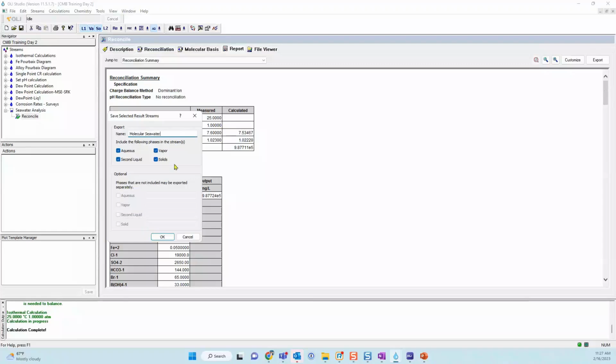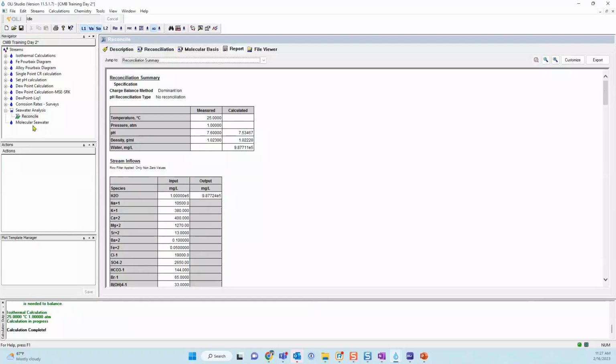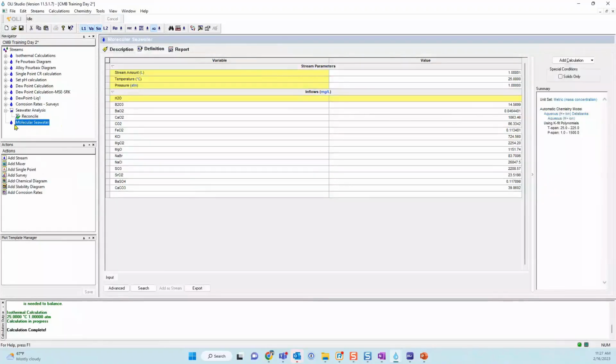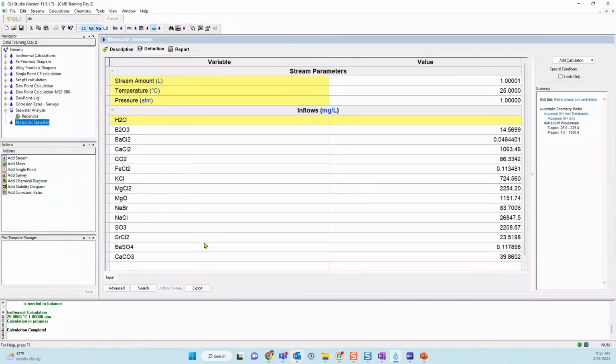And we are going to include all the phases, aqueous, everything. We are not going to complicate our lives here. So this is my water analysis that I'm going to use for any corrosion rate calculation that I want to do from now on. Notice that, as I said before, it's not going to bring any cation or anion at all.